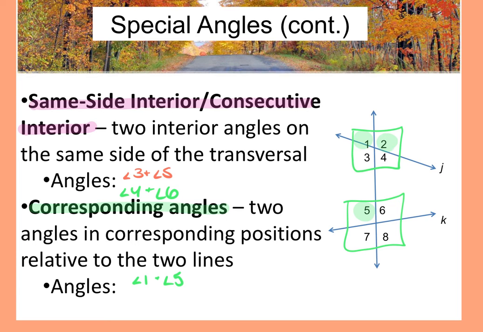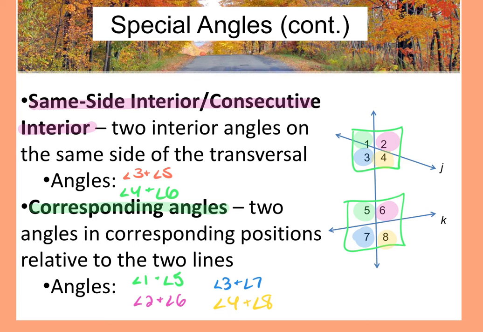The top right in the first box and the top right in the second box, so angle 2 and angle 6. The bottom left matches the bottom left, so angle 3 and angle 7. And the bottom right and the bottom right, angle 4 and angle 8.